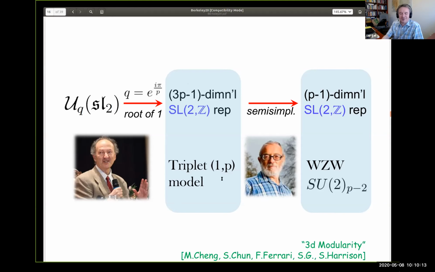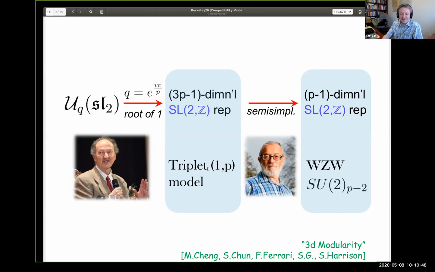So this one corresponds to a non-semisimple modular tensor category, and this one is a semisimple modular tensor category. The Verlinde representation is a semisimple one. The corresponding vertex operator algebras are also interesting. This WZW model is a very standard VOA. It obeys the usual axioms, whereas the one which corresponds to this, which we found just by setting q to a root of unity, is actually quite an exotic vertex algebra. It's called a logarithmic VOA.